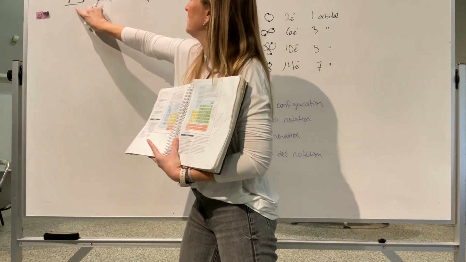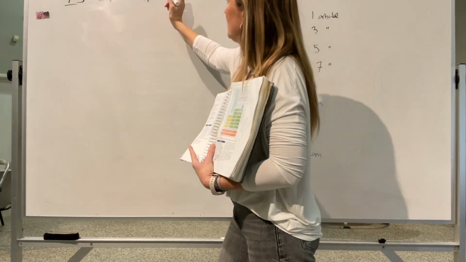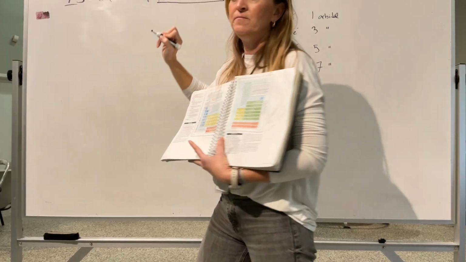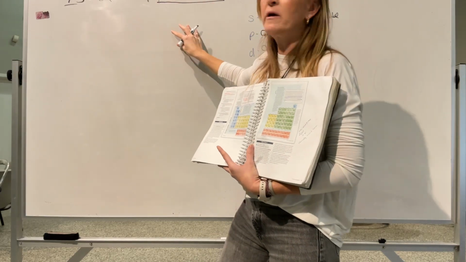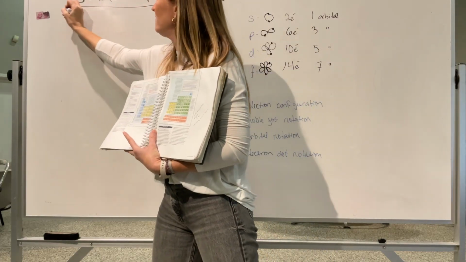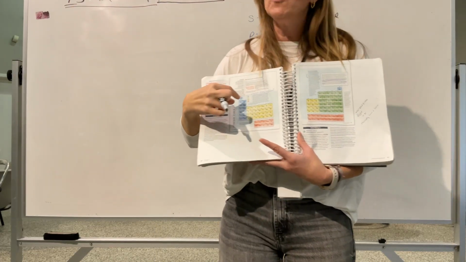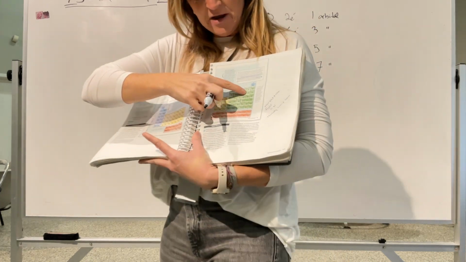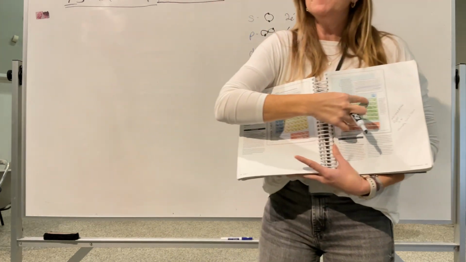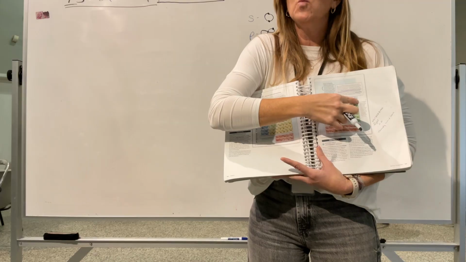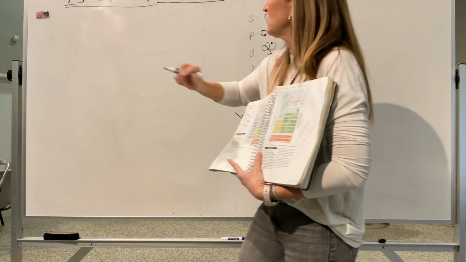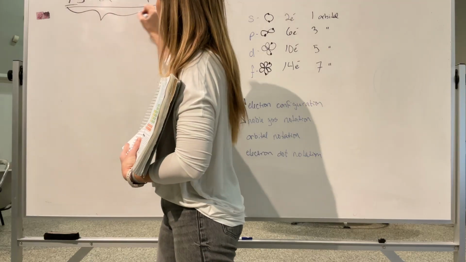So as I'm looking at this, the very first time I see 3, everything from there on is chlorine. Everything before that is going to be the prior noble gas. So if chlorine is number 17, right here, if I go up a level and to the right, what is my noble gas? Neon, right? So this right here is neon.